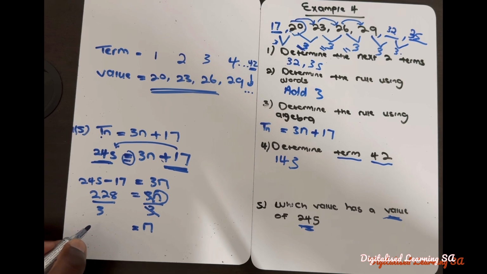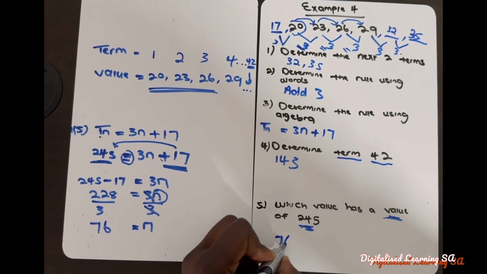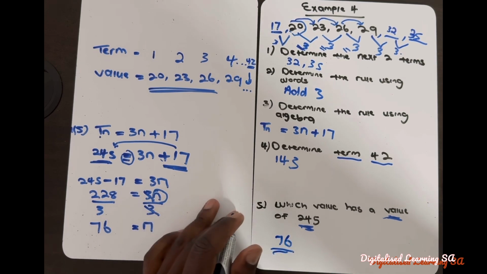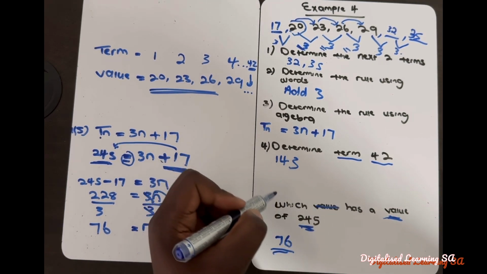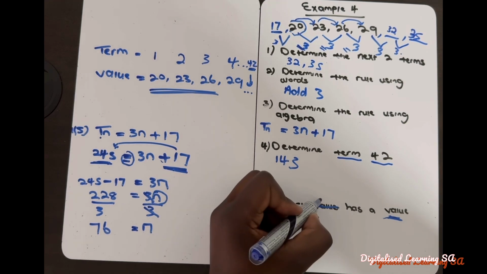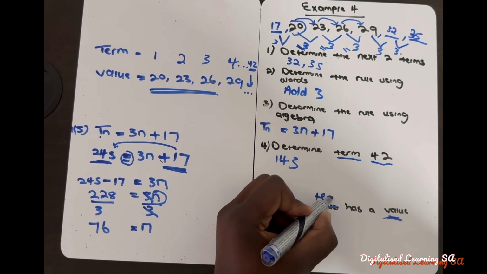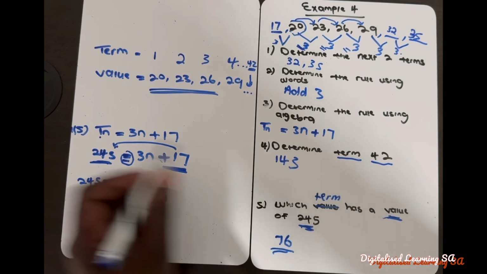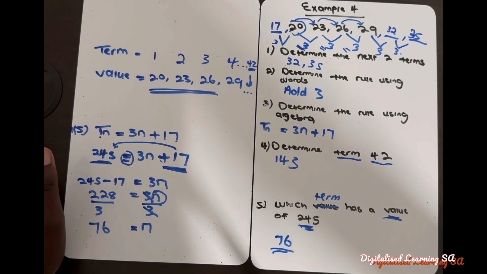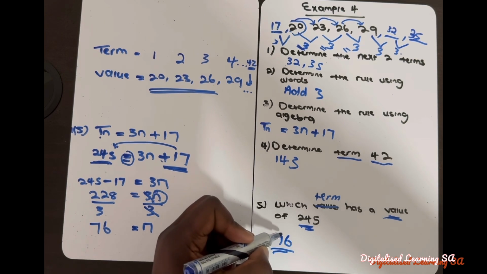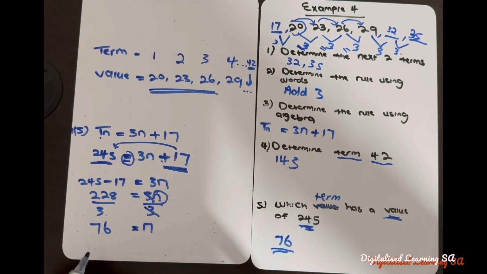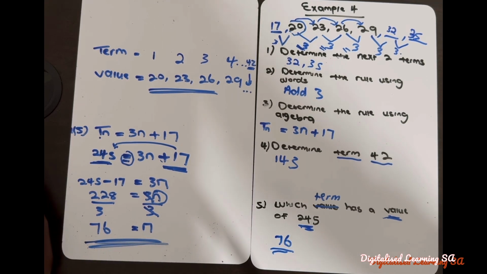And our answer will be 76. So the question says which term has a value of 245. So term 76 has a value of 245, because we calculated it here and got 76.